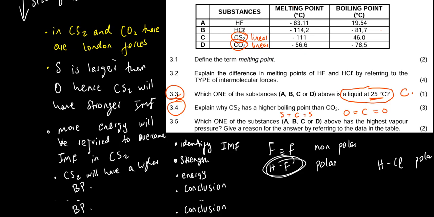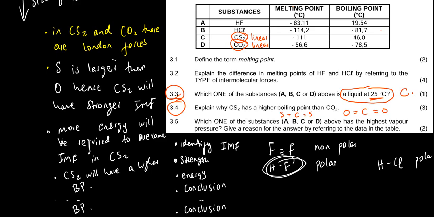But that is only for molecules that have the same type of intermolecular forces. I repeat, it's only for molecules with the same type of intermolecular forces. So you want to further distinguish between them to say which one has a stronger intermolecular force. You then go to the size or you calculate the molecular mass.